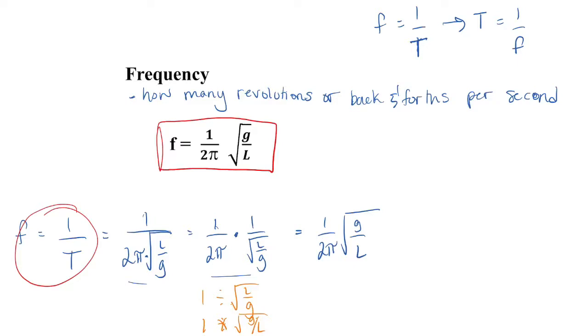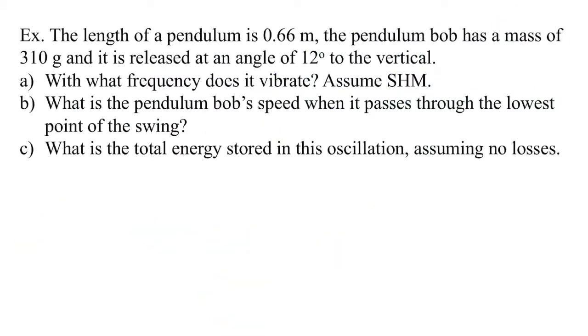And you're going, okay, so just like 1 or 2 equations, easy. No, because we can still use everything we knew about energy before and after with this as well. So really, we're already bringing a ton of knowledge into pendulums. Okay, so let's start this. We have the length of the pendulum, 0.66 meters. The pendulum bob has a mass of 310 grams. And it's released at an angle of 12 degrees to the vertical.